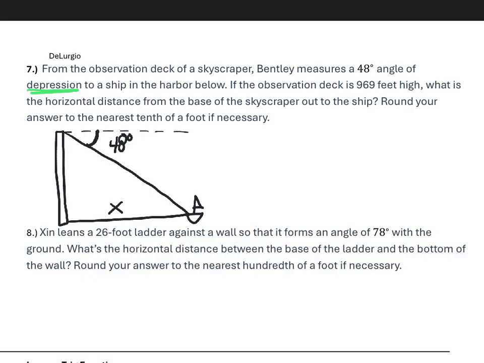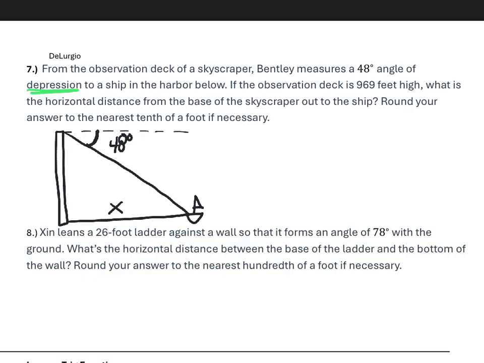So we need to figure out how to get 48 into that triangle. There are two ways to do this. Number one, this is a big right angle, right? Because those would be perpendicular, the line of sight and the skyscraper. So we could do 90 minus 48, and we could put that in our top corner of our triangle.